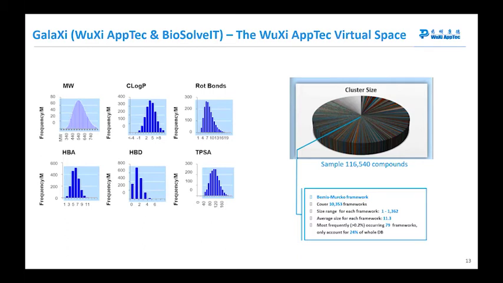We covered about 10,000 frameworks, the size of each framework 1 to about 1,300 compounds. The most frequently occurring 79 frameworks only account for about 24% of the whole database. So it's a pretty diverse set of compounds.